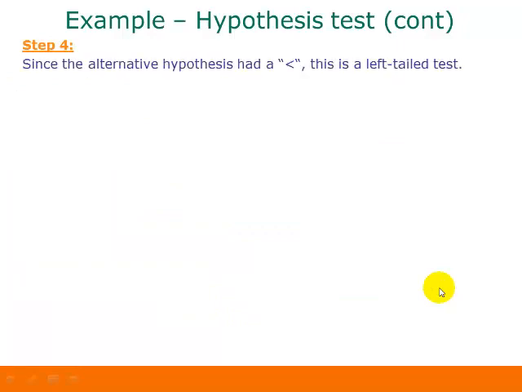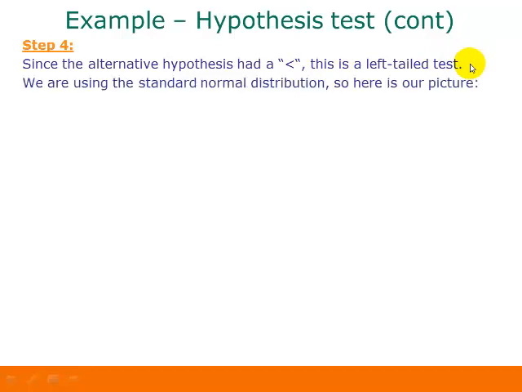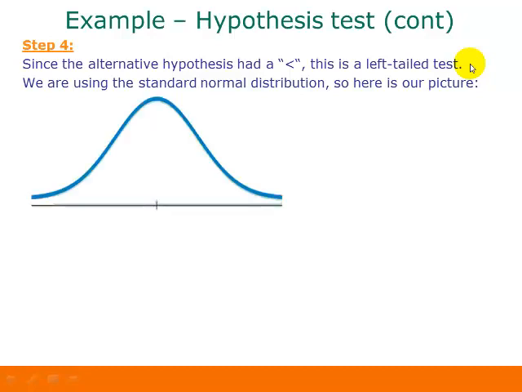Now for step 4, we need to think about what kind of test we have. So since our alternative hypothesis had a less than, this would be a left-tailed test. And remember, our test statistic formula used the symbol z, so that means we're using the standard normal distribution. So here's our picture.